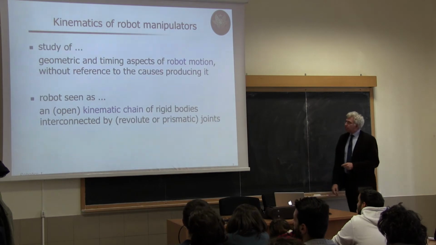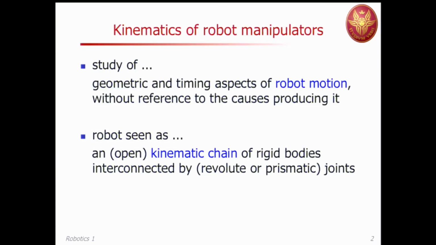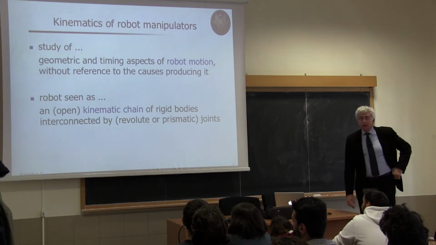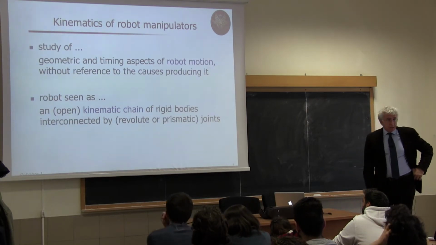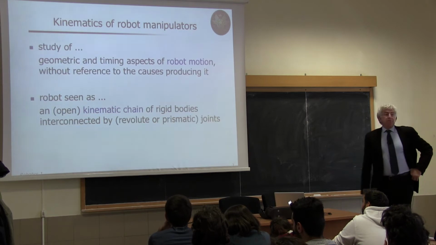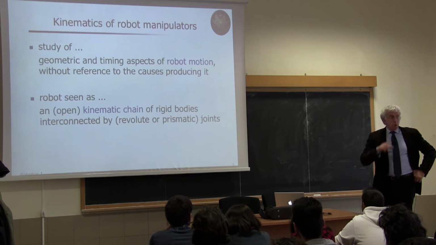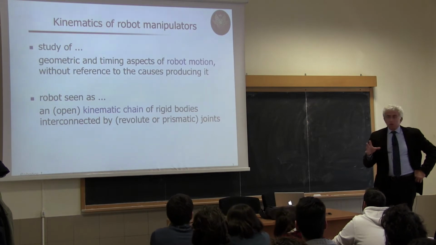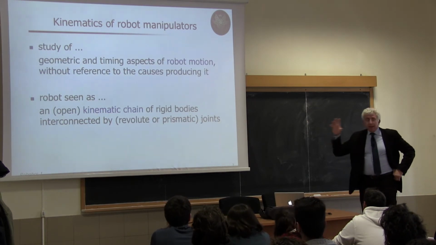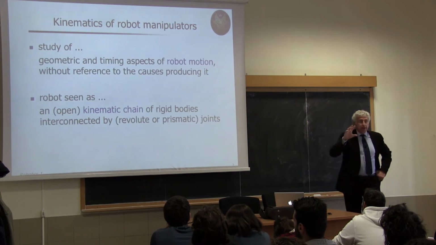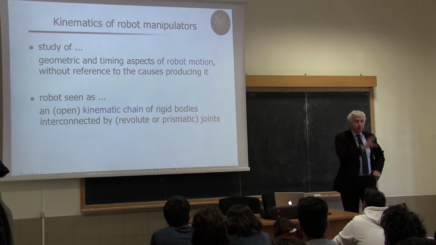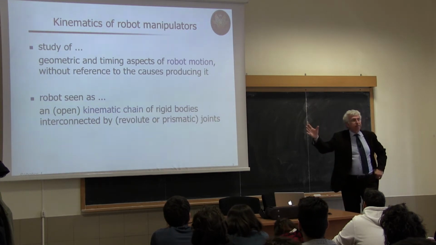And for most of the time, I would say for all this Robotics 1 course, we will look at a robot as a kinematic chain of rigid bodies. Most of the time as an open kinematic chain, so without loops in the structure, so that we can identify the sequence of bodies in motion from the base to the end effector.